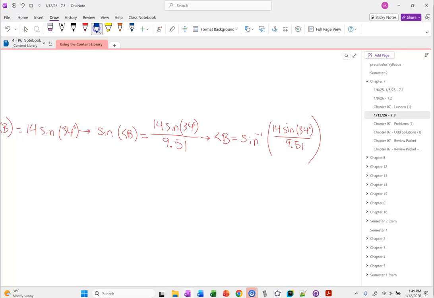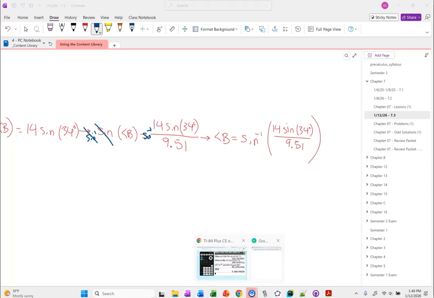To cancel that out. So I'm doing sine inverse to both sides, because then that cancels that out. So whenever you're solving for an angle, you're going to need an inverse trig. Okay? So that's now calculator time.